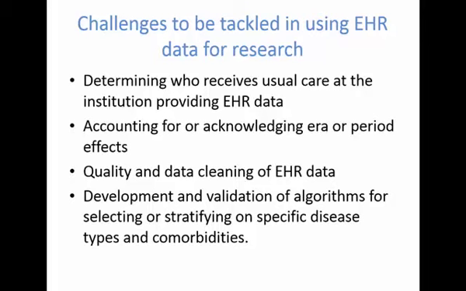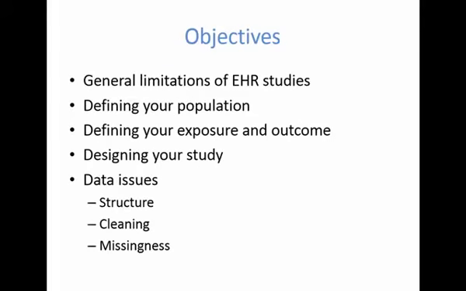When we talk about our EHR here, we're going to talk a lot about when those data are collected, when they're available. So you need to understand when you're using EHR data, where the data came from and what time period. Quality and data cleaning of the EHR data are of issue. Also, the development and validation of algorithms for selecting or stratifying on specific disease types and comorbidities. And we're going to talk quite a bit about that as we talk about our study.